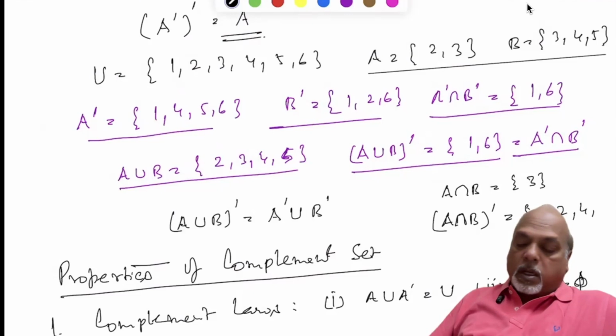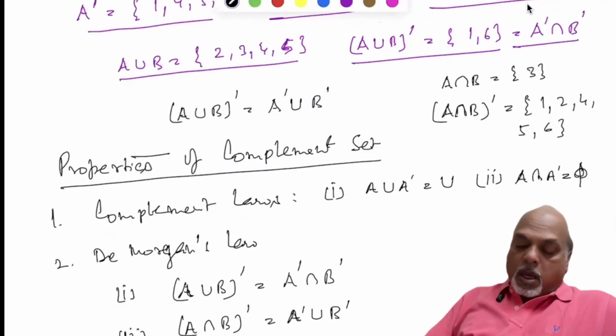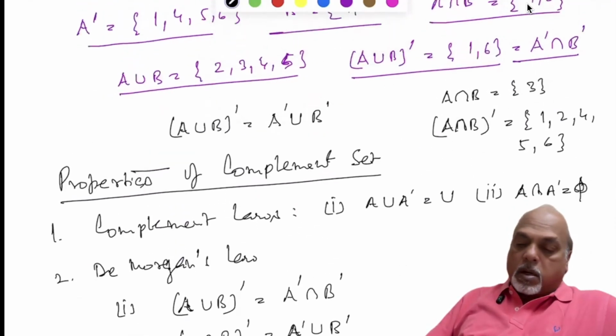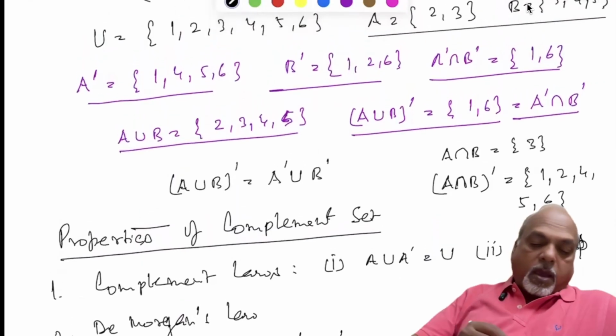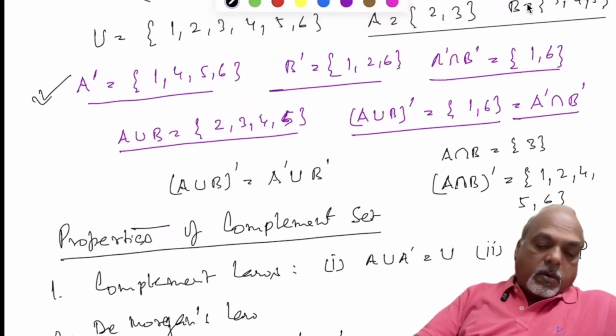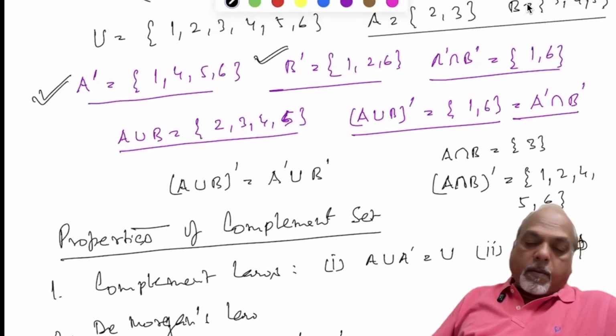It will be the complement of this, and then we have the union of A dash and B dash.